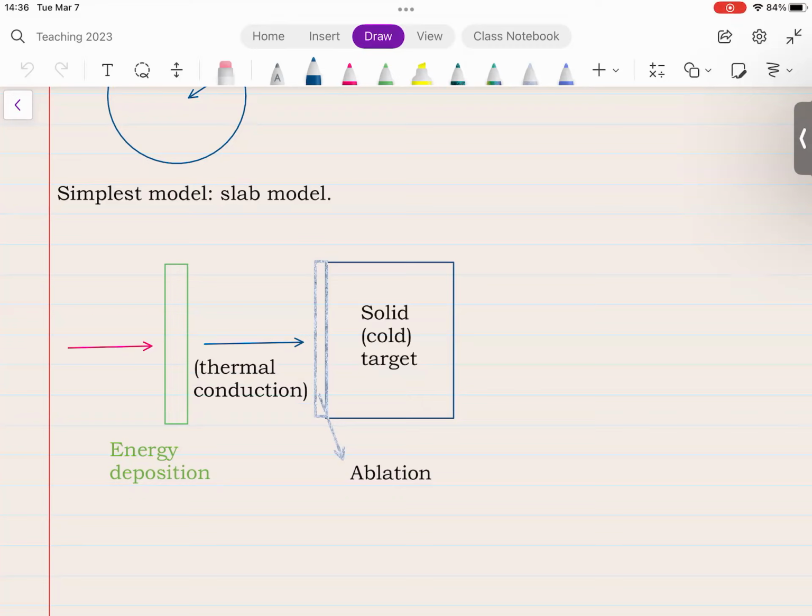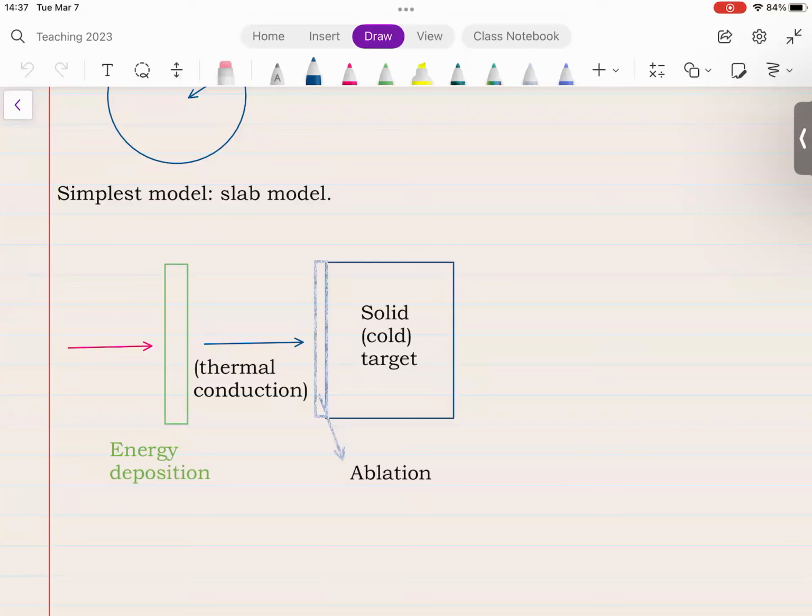And the first arrow is my laser light or X-ray. Okay, this forms, as I said, a compression wave, a high pressure wave that moves radially.